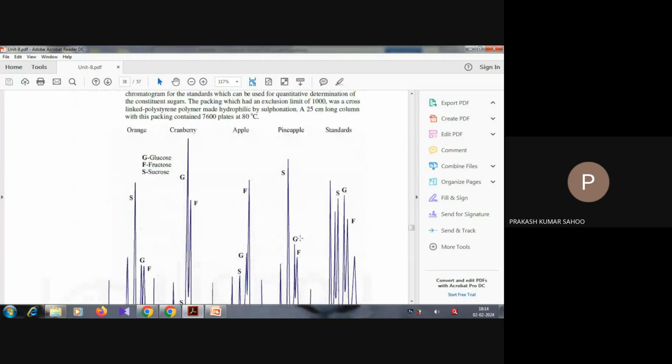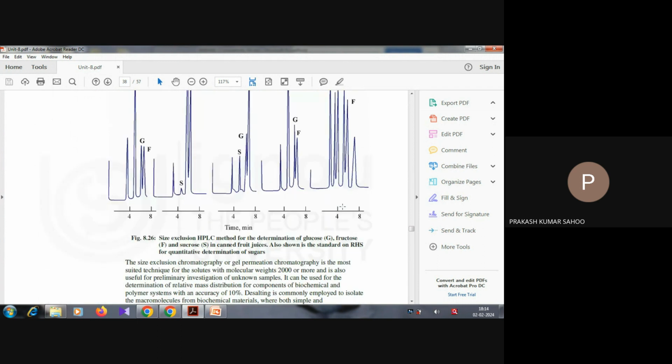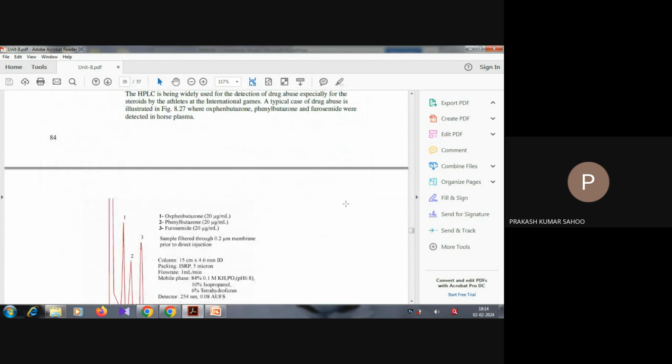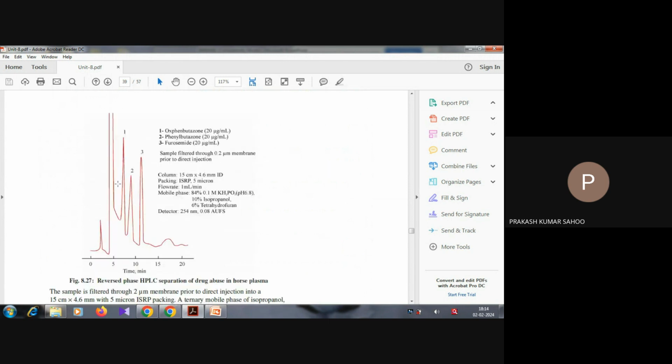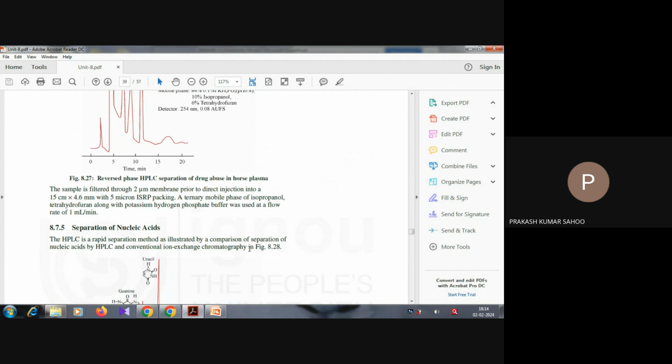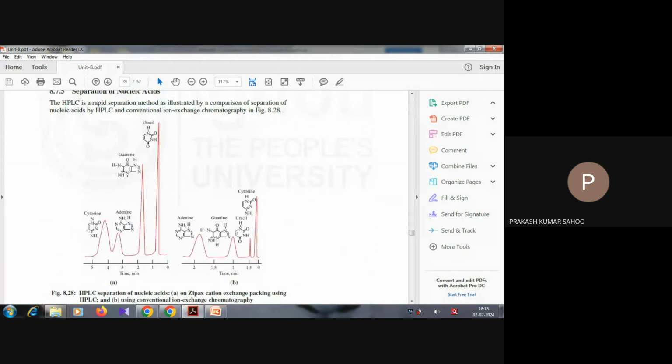Then we have the sugar level in orange, cranberry, apple, pineapple, and in standards. Then drug abuse, these are some drugs with their HPLC layout. Then separation of nucleic acid also here, that is A is AGPAX cation exchange packing using HPLC. B is conventional ion exchange chromatography for the separation of different nucleic acid bases like cytosine, adenine, guanine, and uracil.